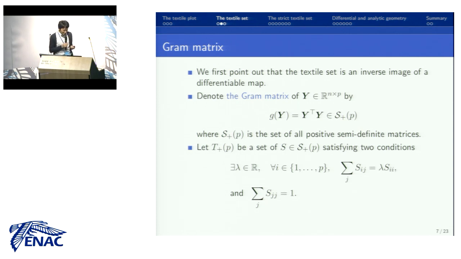And also define another set T_p^+, which is a set of positive semi-definite matrices satisfying 2 conditions corresponding to the 2 conditions in the textile set.